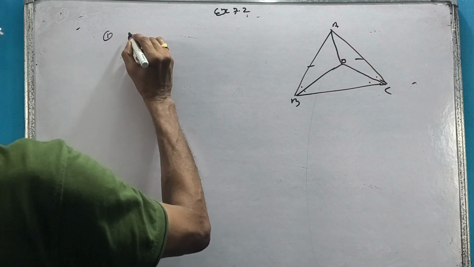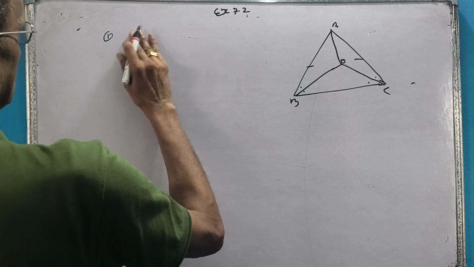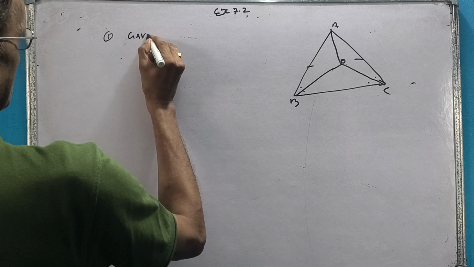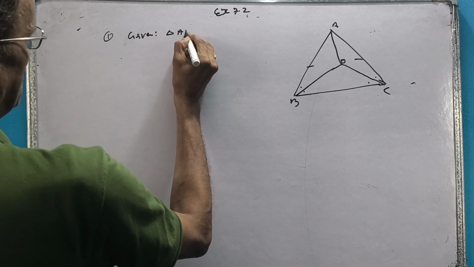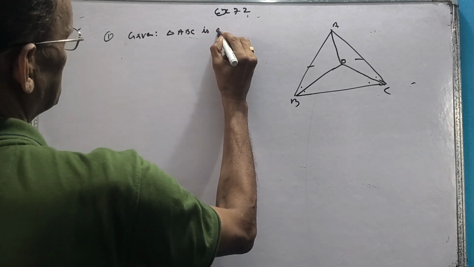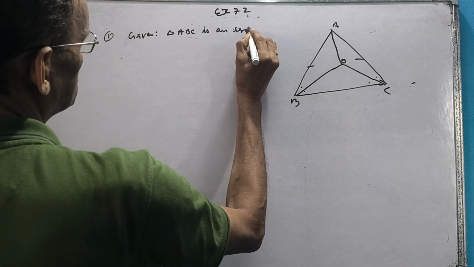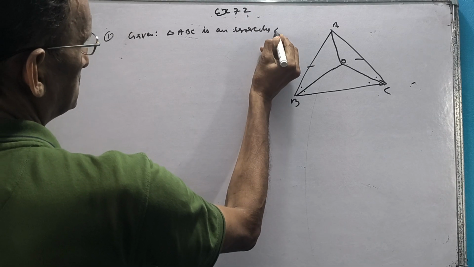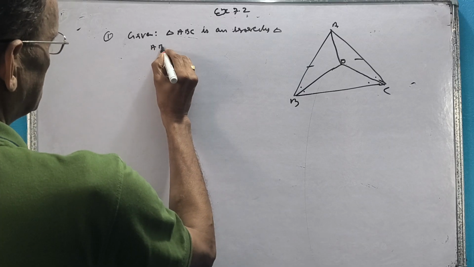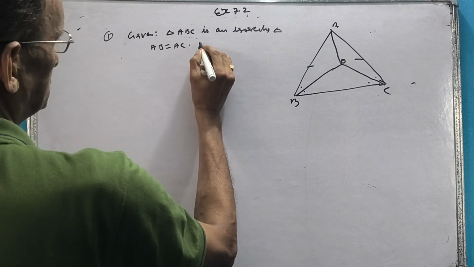So, given: write down, triangle ABC is an isosceles triangle. Mention the equal sides, AB equals AC.